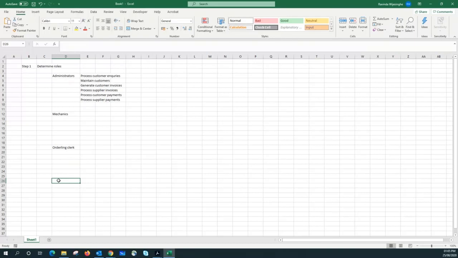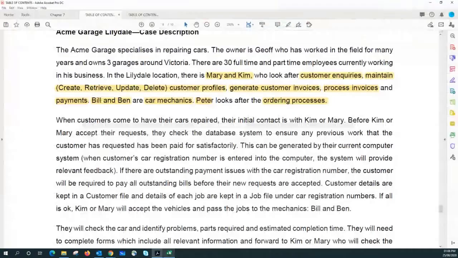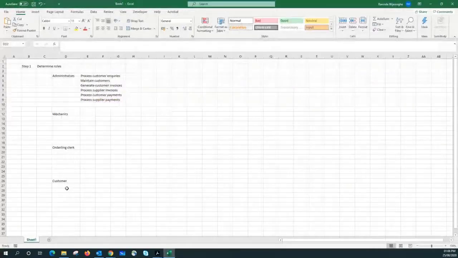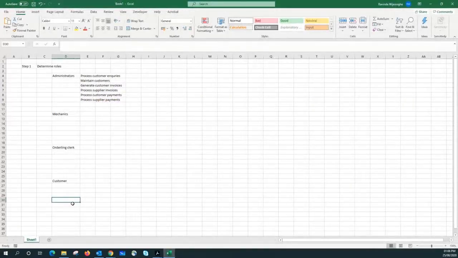But of course, we need to take the customer as well, the people who repair the vehicles. So 1, 2, 3, 4 actors now. Or maybe the owners, because I remember the owners are looking at some reports. We can say management. So 1, 2, 3, 4, 5 actors.